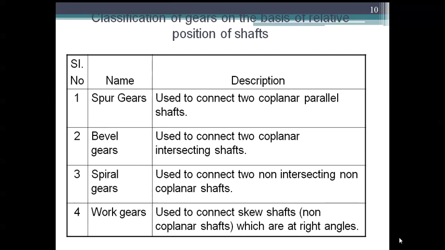A worm is like a cylindrical shape having helical grooves over the shaft. It is used to connect two skew shafts which are at right angles, both at right angles to each other. So these are the different types of gears according to the relative position of the shafts.